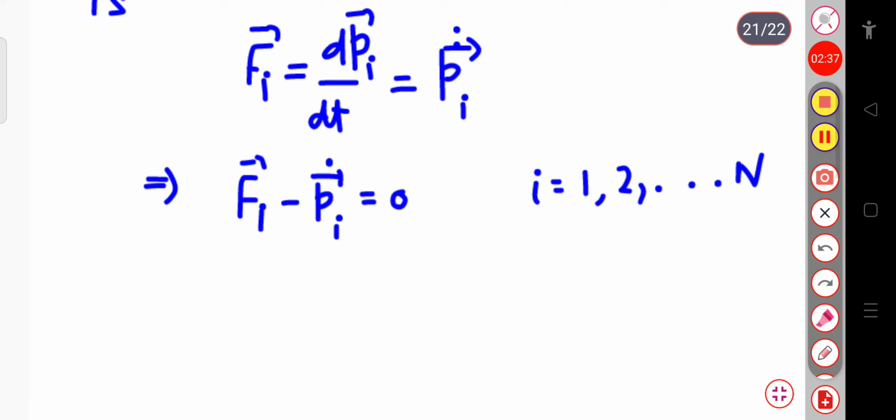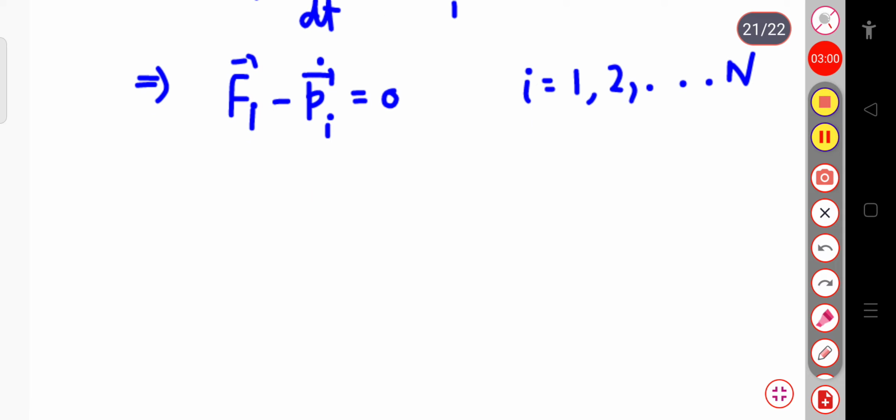And the physical meaning of this expression, Fi minus pi dot equal to 0, is that when the system is in equilibrium, the force acting on any particle is equal to the actual force Fi and the reversed effective force pi dot. Let me write the physical significance of this equation.